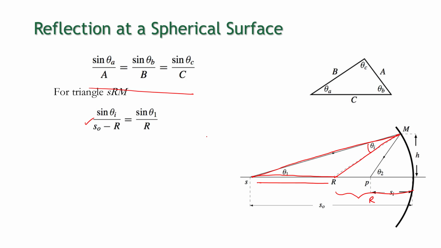Then sine theta 1, opposite of that is this distance, which is R, the radius of the sphere. So that's for that triangle, and we can also use that sine law for this triangle RPM.